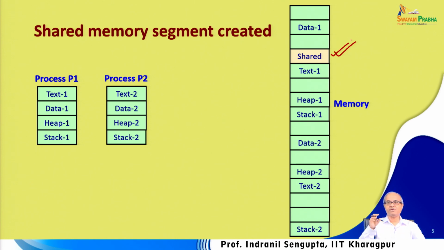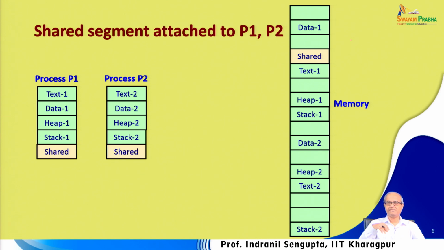So, next what happens is that these shared segments are attached to the processes P1 and also to P2. After this attachment is done, the process P1 will have a 5th region, and process P2 will also have a 5th region.